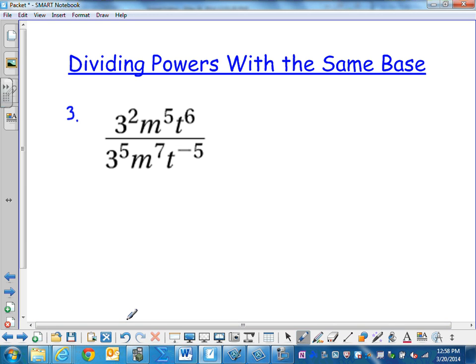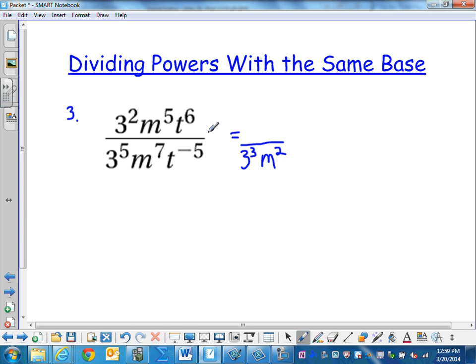Okay, go ahead and try this one. All right. 3 squared divided by 3 to the 5th. 5 minus 2 is 3. So we'll put 3 to the 3rd in the denominator. m to the 5th divided by m to the 7th is m squared in the denominator. Now, 6 and negative 5.